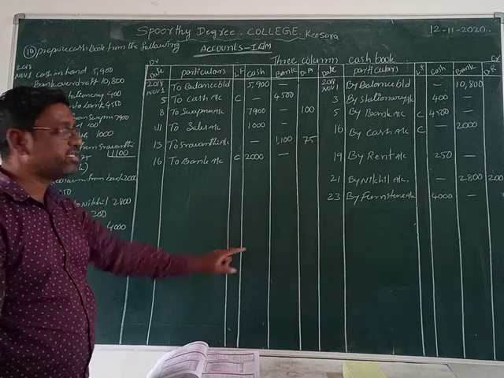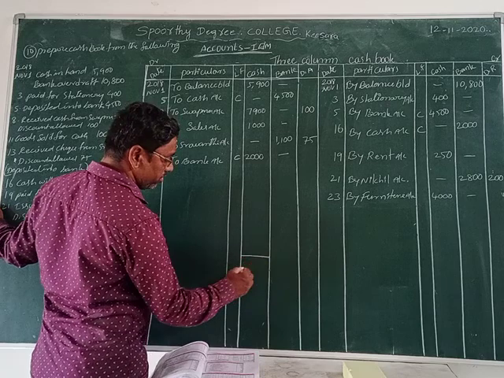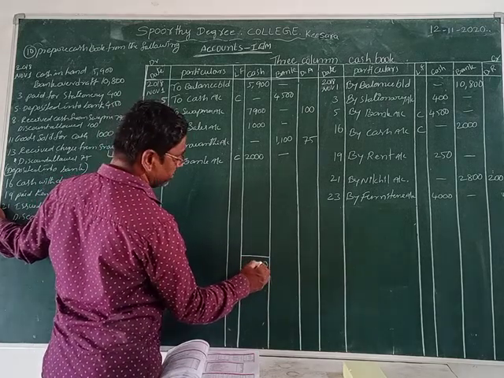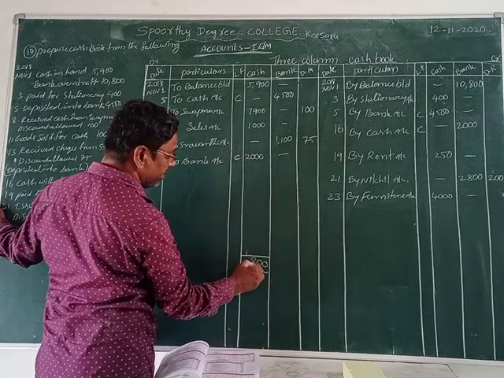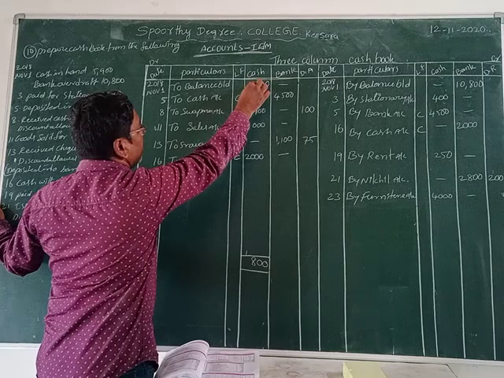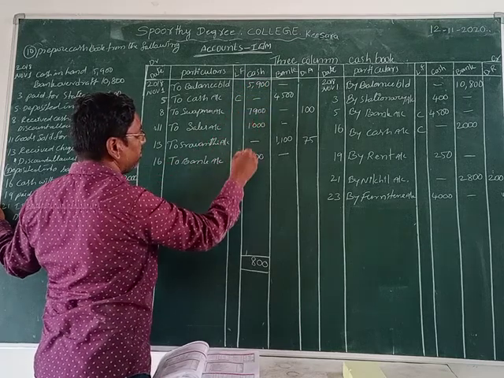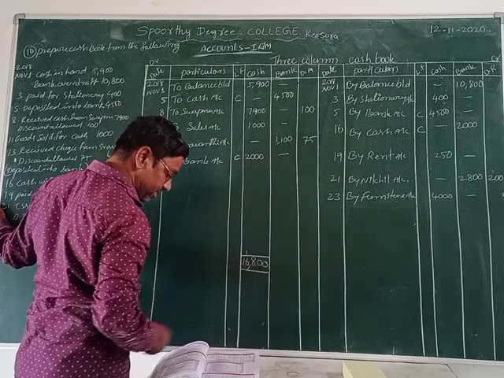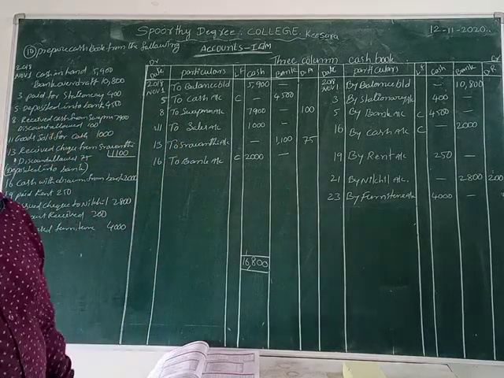Let us see. 9 plus 9 is 18, 5, 7, 12, 13 plus 2, 15 plus 1, 16. 16,800 rupees is the cash total.